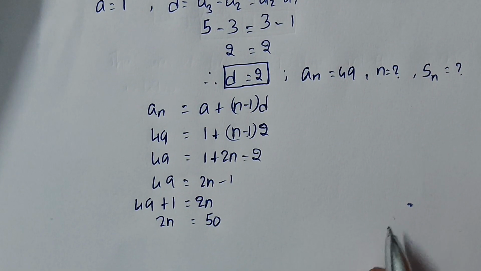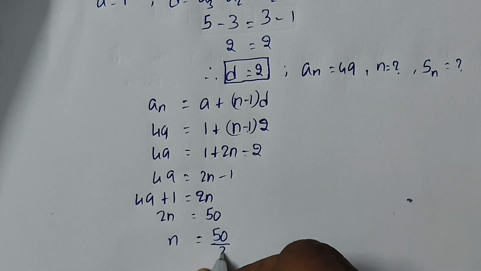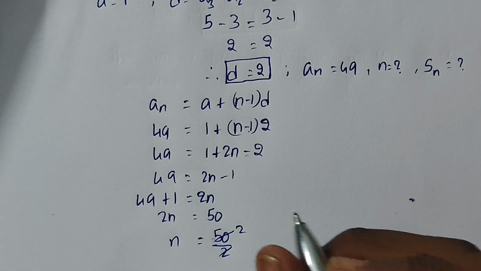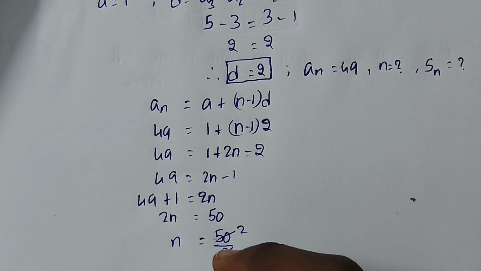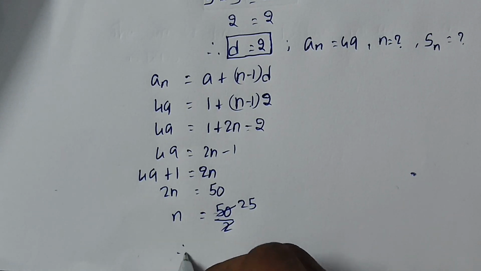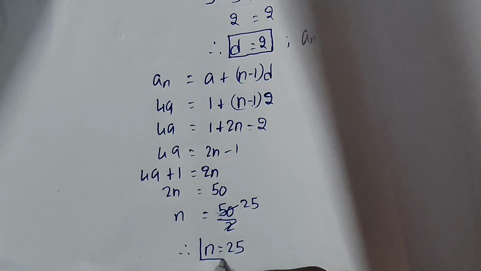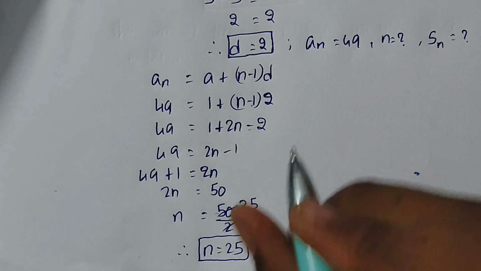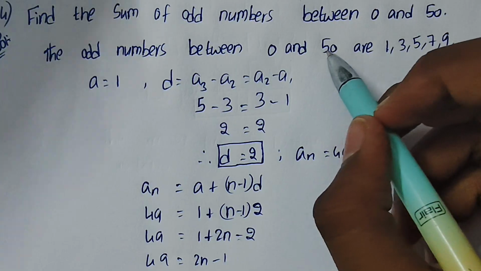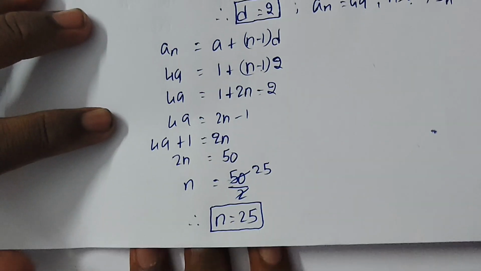If you transpose 2 to the right side, it becomes divide, so n is equal to 50 by 2. 2 ones are 2, 2 twos are 4, it remains 1, 1 before 0, 10. 2 fives are 10. So therefore n is equal to 25. So the number of odd numbers between 0 and 50 is 25. So we got the value of n.